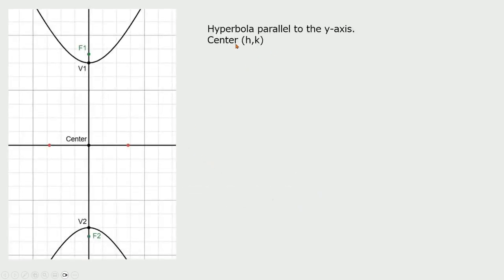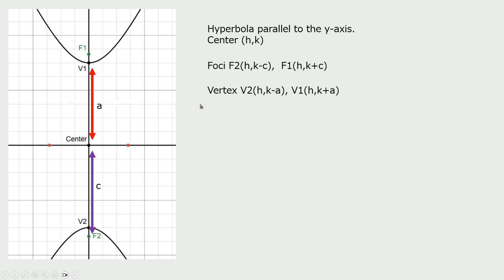You also have, just like an ellipse, a hyperbola parallel to the y-axis, center (h, k) as always. Foci are now added and subtracted to the y value of the center because it's going parallel to the y-axis. The vertex, add and subtract from the y value.